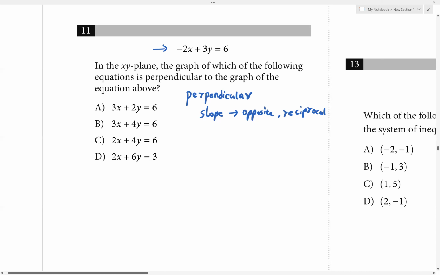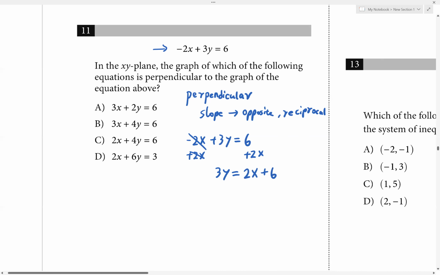So we take the original equation, negative 2x plus 3y equals 6, and we're going to solve for y. We can add 2x on both sides to get rid of the minus, so we get 3y equals 6 plus 2x, which we can write as 2x plus 6.